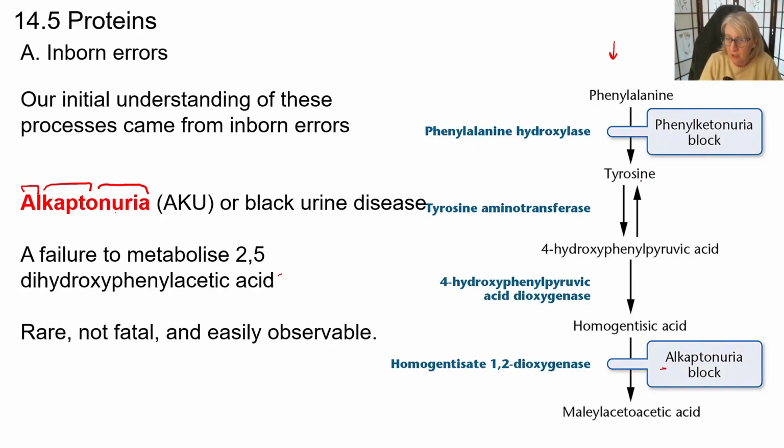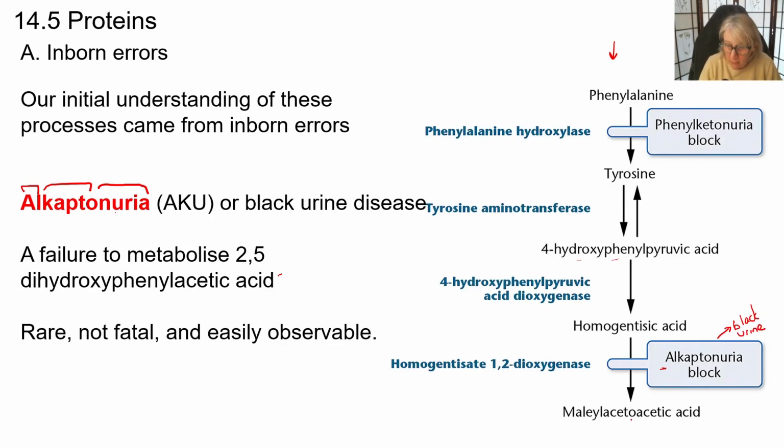Phenylalanine is converted into tyrosine, into 4-hydroxyphenylpyruvic acid, which is converted into homogentisic acid. If you cannot metabolize it at this part, you check out of the metabolic process here and you have black urine.